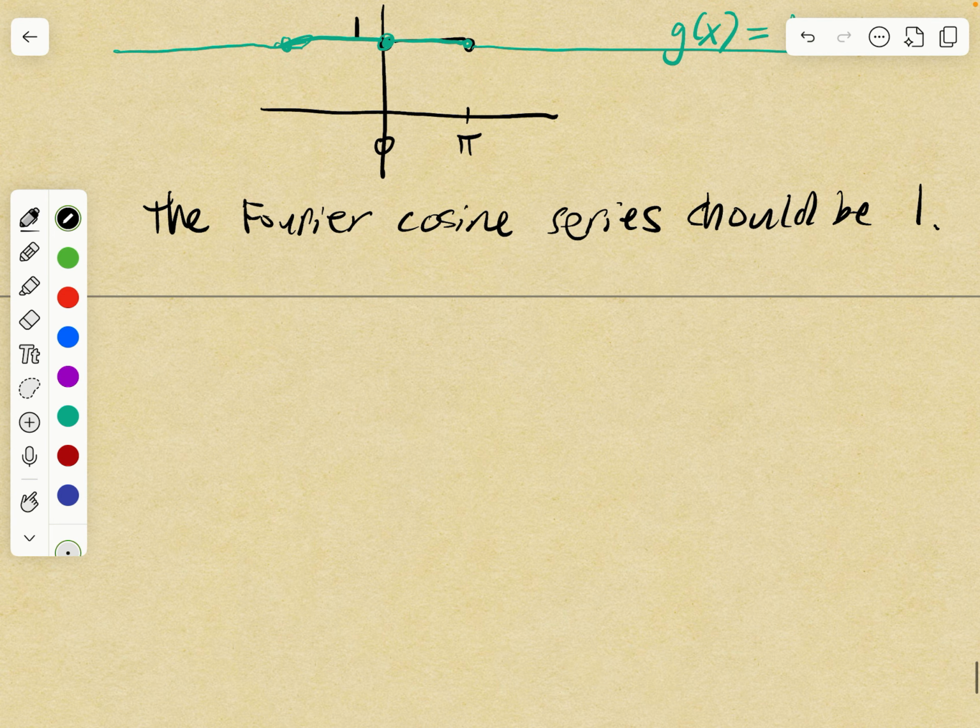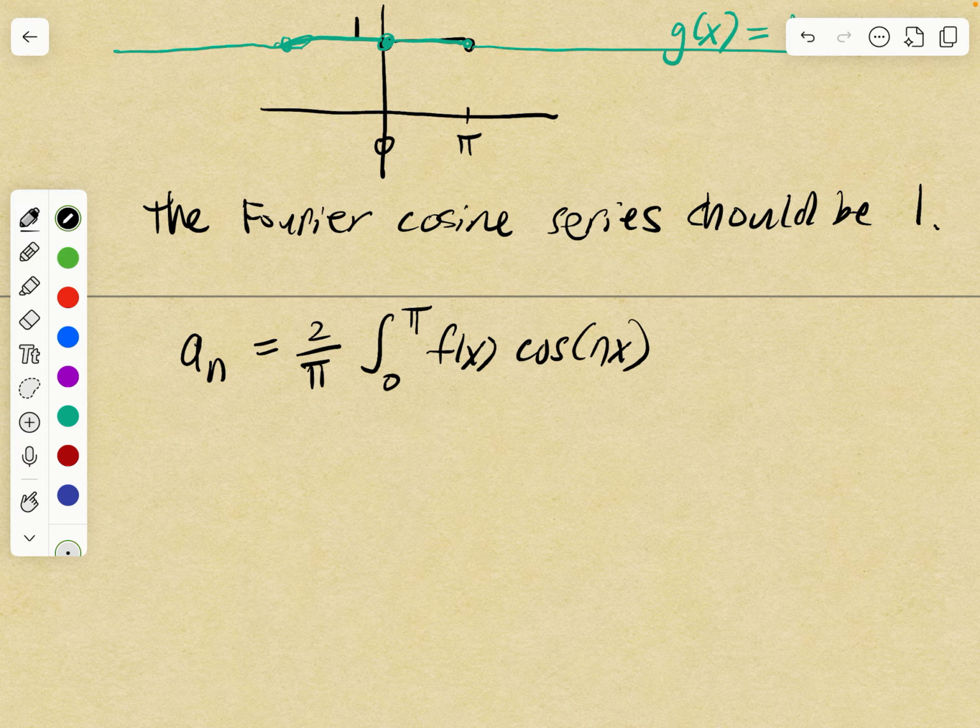Let's check that. My a sub n is 2 over pi times the integral from 0 to pi of f of x times cosine of n pi x over pi, so that's going to be cosine nx. My f of x from 0 to pi is just 1.